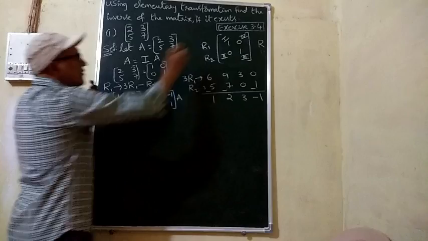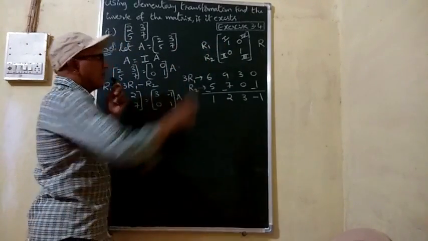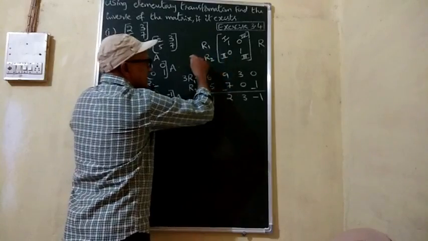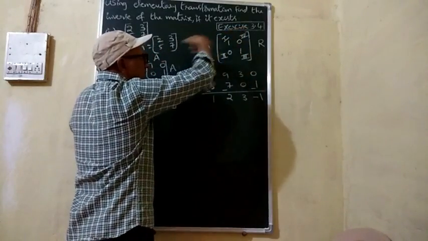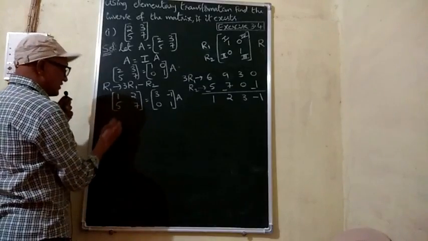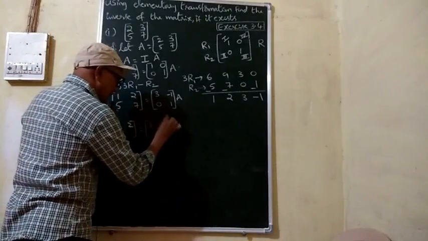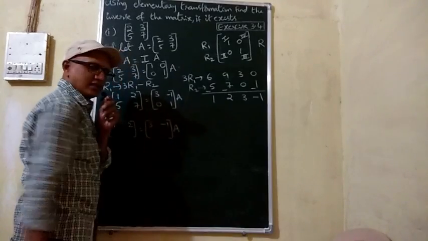Now, let us see. So Roman letter 1 we got. Next target is Roman letter 2. Where is Roman letter 2? That is in the second row. Nothing happened to the first row. Keep the first row as it is.